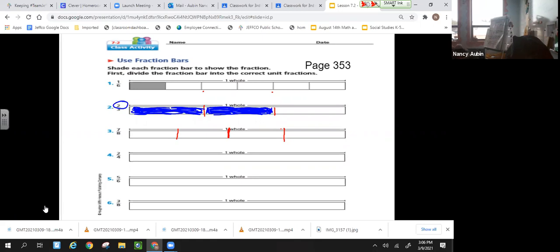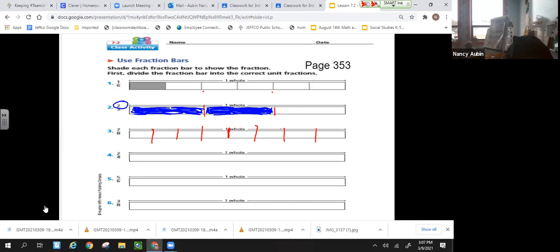So what do I have to do to each of these sections? I have to divide those in half. Let's do it. Eyeball it. I'm going to divide that in half. This one in half. This one in half. And this one in half. Now it's not perfect, but it's the best I got. All right.